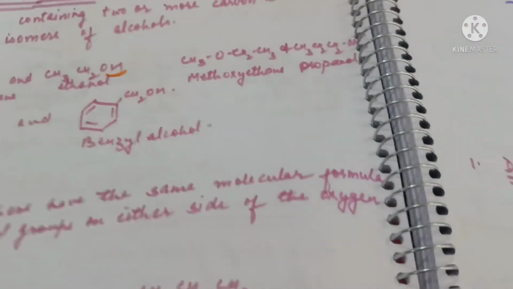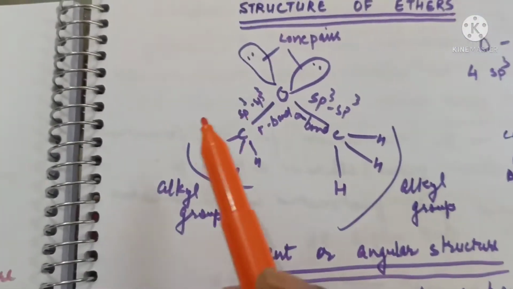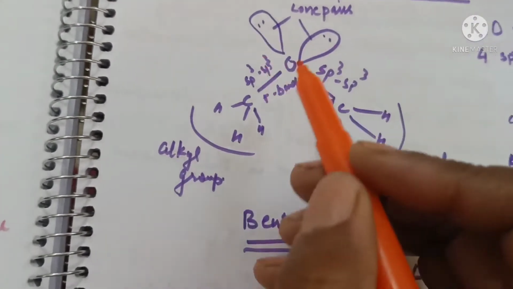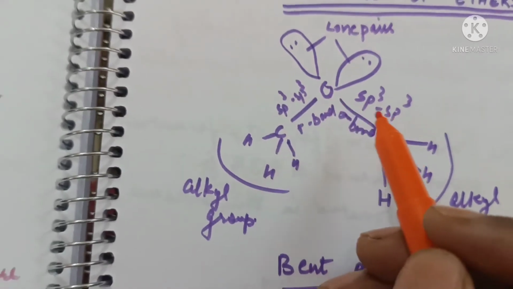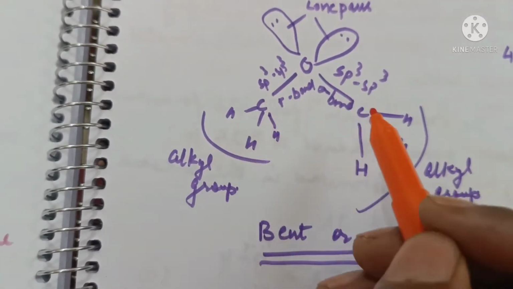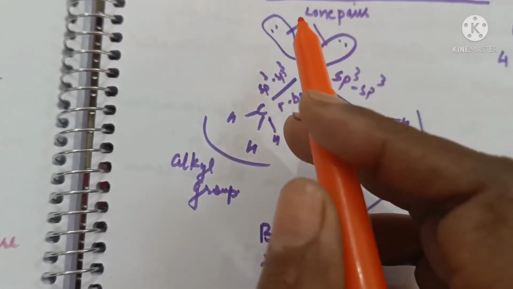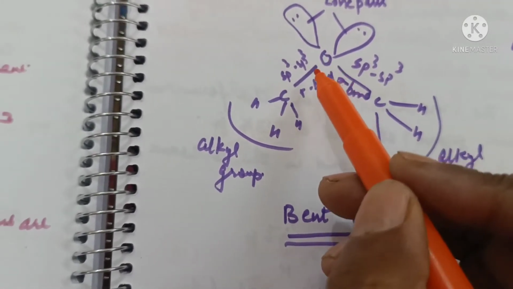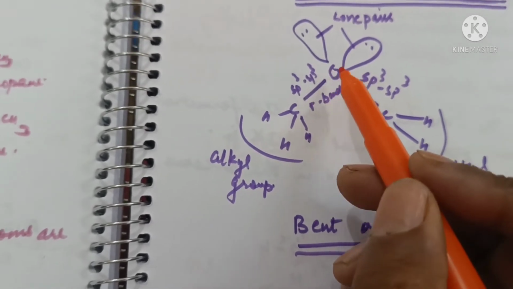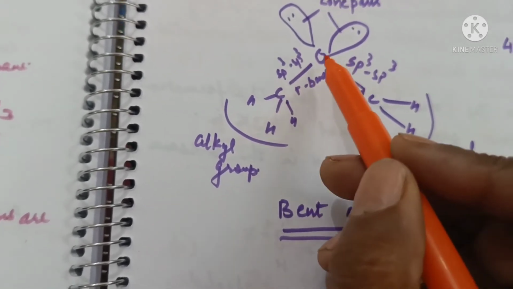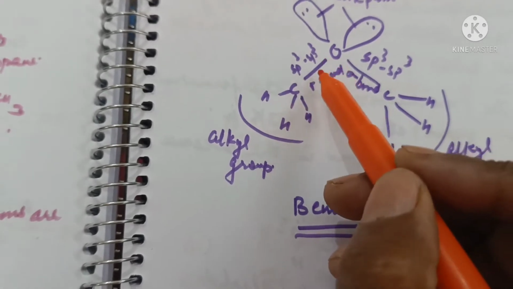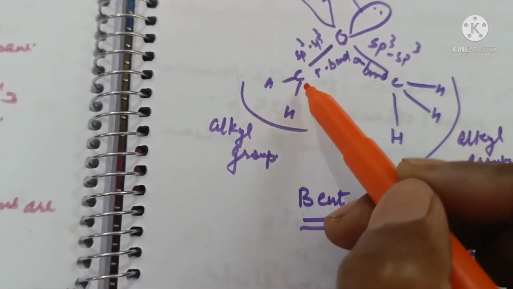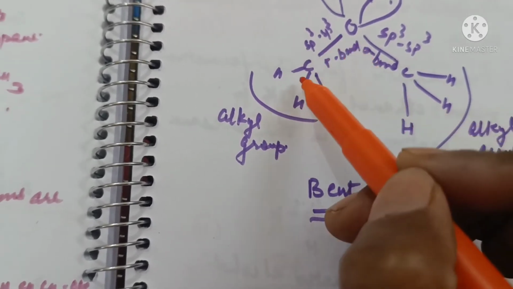Structure of ethers. Ethers have a structure similar to water. In this case also, oxygen undergoes sp3 hybridization. Of the 4 sp3 hybrid orbitals, 2 contain lone pairs of electrons and 2 are bond pairs. This sp3 hybrid orbital of oxygen is forming a sigma bond with the sp3 hybrid orbital of the methyl group.